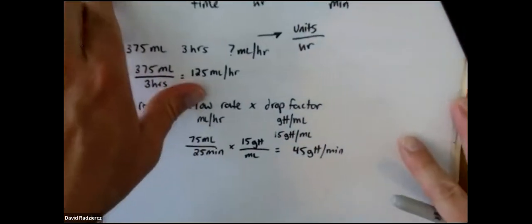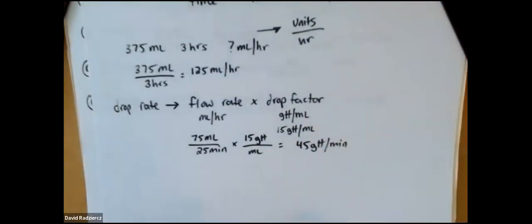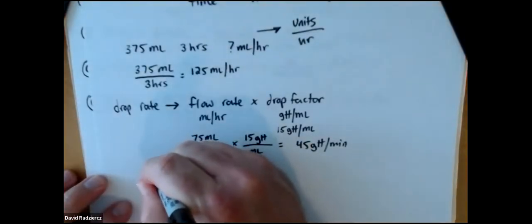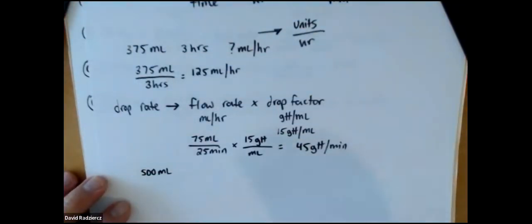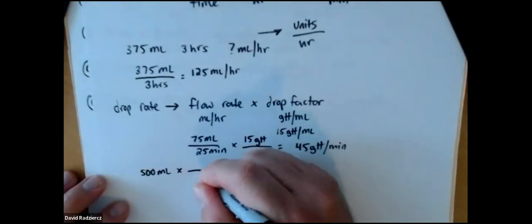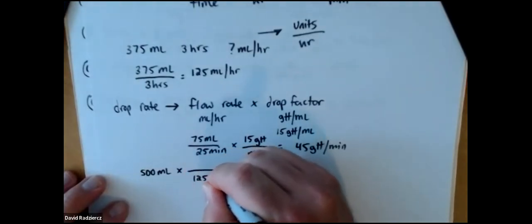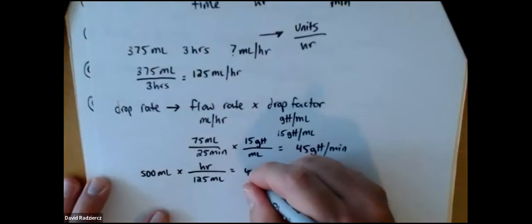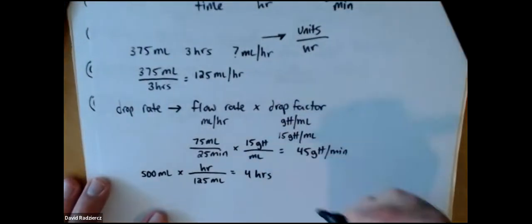There's a couple ways you can do this. First way is the mathematical way. We can just take the 500 milliliters, infusing at 125 milliliters per hour. 500 divided by 125 would be 4 hours.